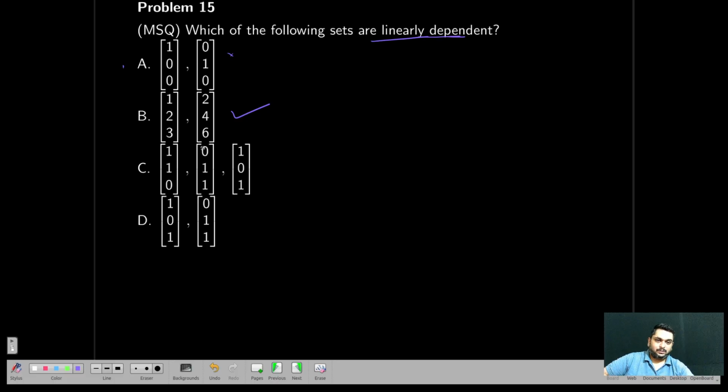No. 1 minus 0 is 1, 1 minus 1 is 0, but 0 minus 1 is minus 1. If it was plus 1, it would have been dependent. So this is not dependent. Next, 1 0 1, 0 1 1. Is it dependent? No, it's not dependent. So only B is the answer.